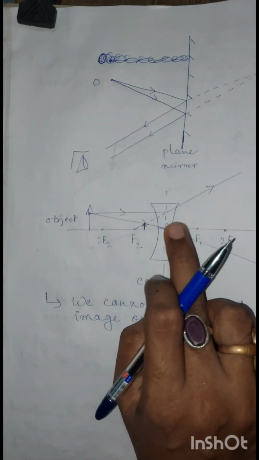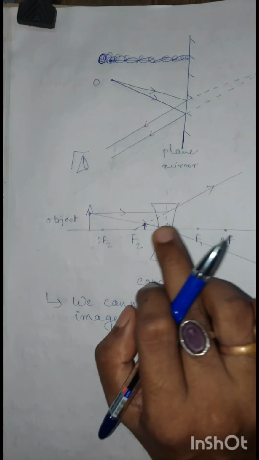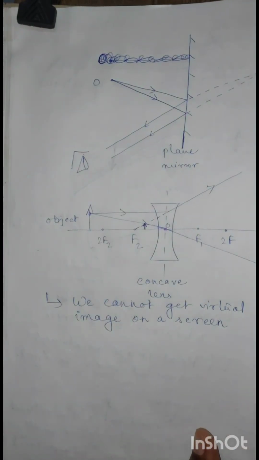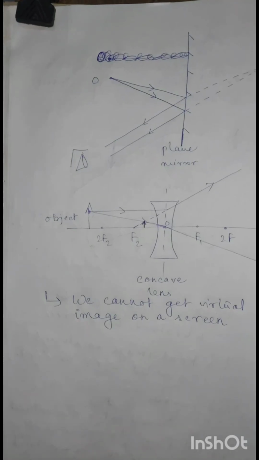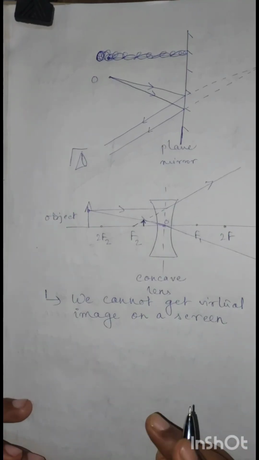We can see this image from behind the lens, but we cannot get this image on a screen. So we cannot get a virtual image on a screen.